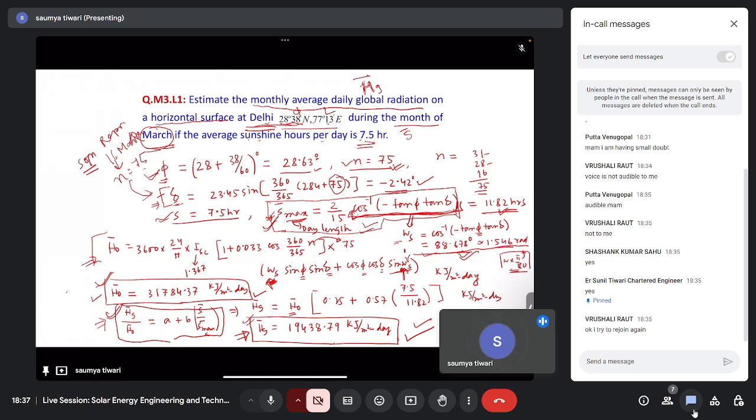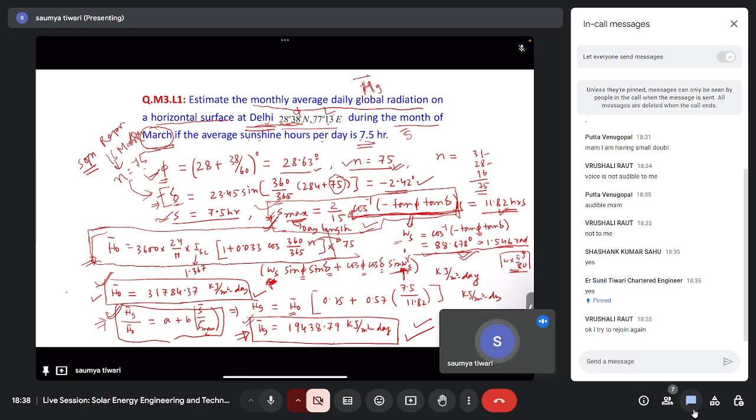Now we have calculated s max bar. What other parameter we need is s naught bar. The formula we already know: s naught bar equals 3600 into 24 by pi, ISC into 1 plus 0.033 cos of 360 by 365 into n. We will put n equal to 75.